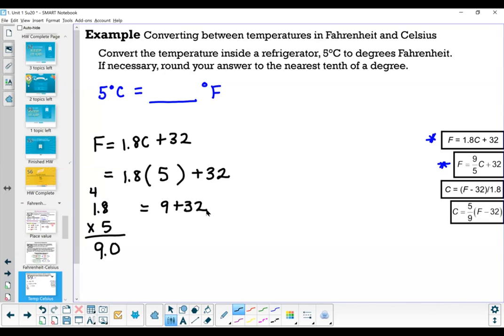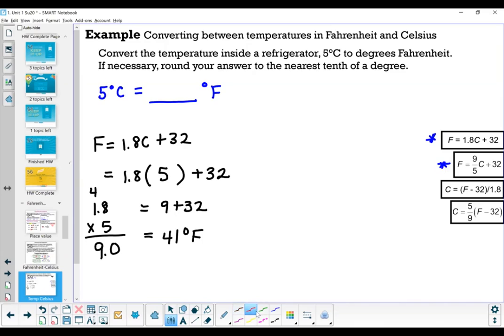All right, so 9 plus 32, and we get 41 degrees Fahrenheit. So if your refrigerator is 5 degrees Celsius, then in Fahrenheit, that means 41 degrees Fahrenheit.